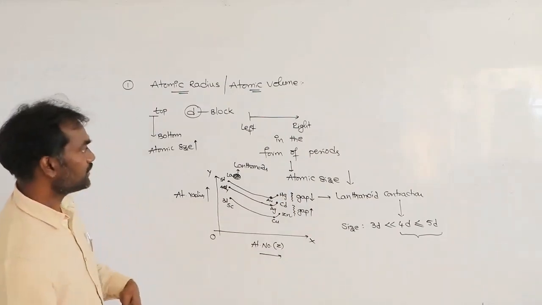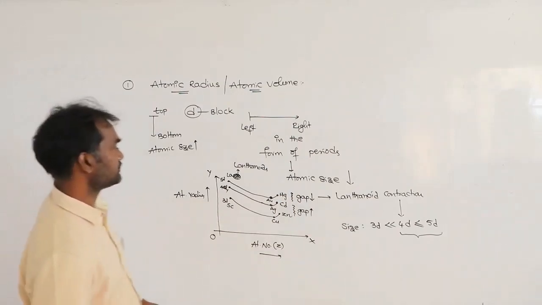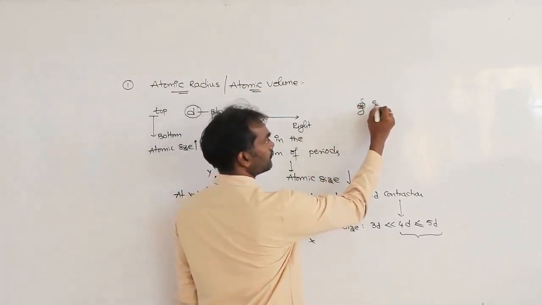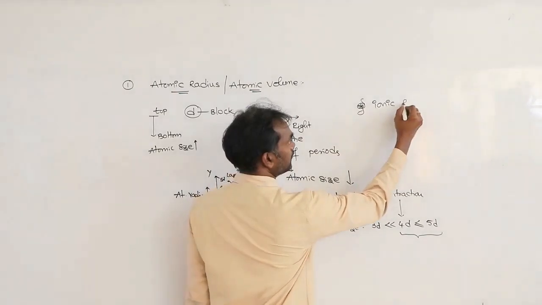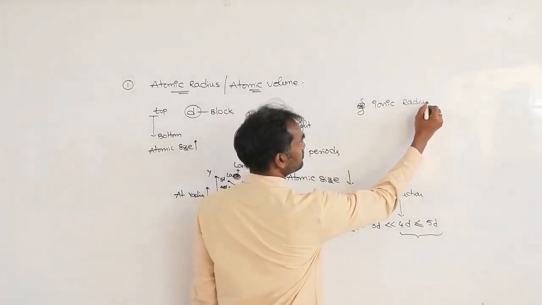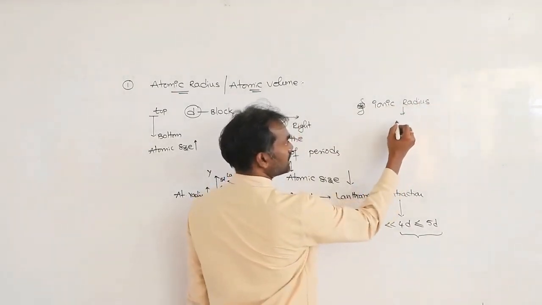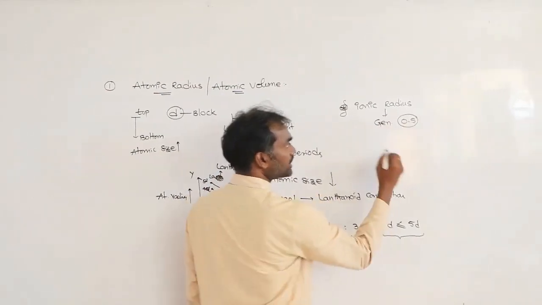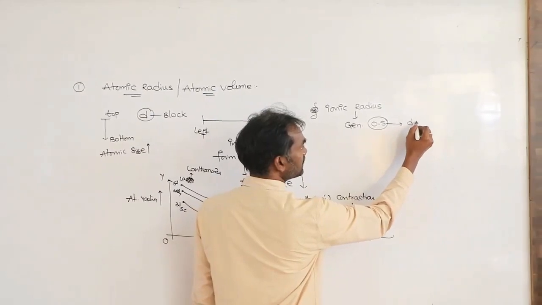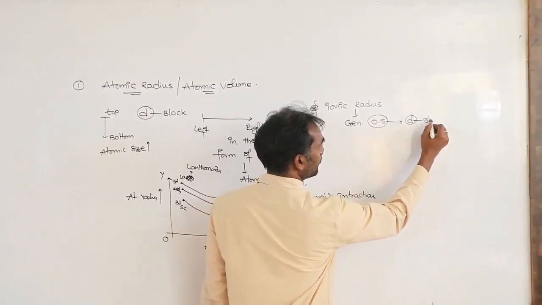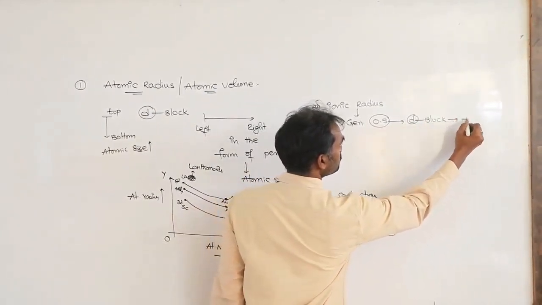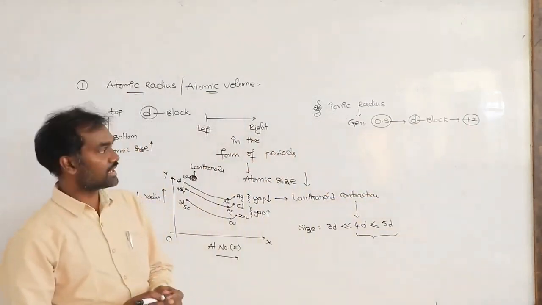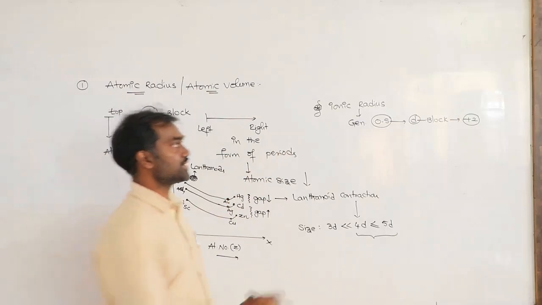Next, suppose you take ionic radius. What is the general oxidation state? We already completed it: the general oxidation state of the d block is +2. We already saw in the previous class that the general oxidation state is +2.